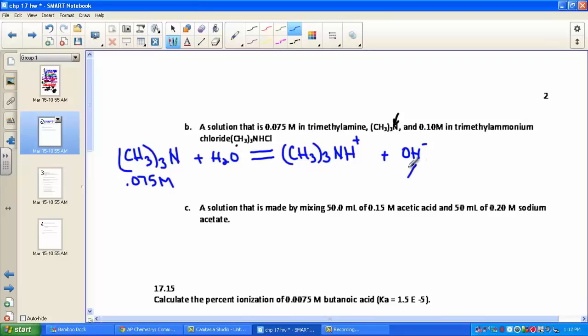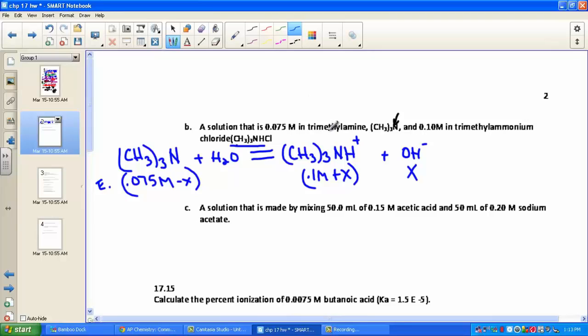The value of the hydroxide at equilibrium would be X. And at equilibrium, technically, this is minus X. The concentration of our salt is 0.1 molar plus X. So I just went straight to the equilibrium row. At equilibrium, this reactant got used. The products got made. The salt had the common ion of a conjugate acid. See this conjugate here? CH3 taken 3 times NH. Trimethylamine chloride.